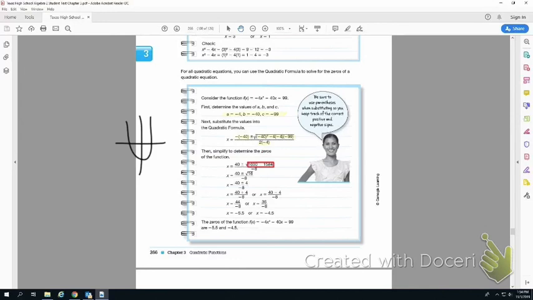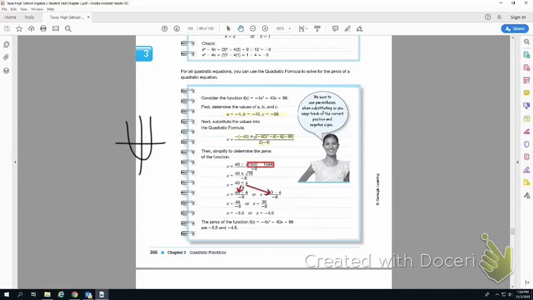The part of the quadratic formula that gives you the 2 answers is this plus or minus. Once you get to that part, you break it up, 1 with the plus, 1 with the minus, and then from there, you solve it down. And this one comes out to negative 5.5 and negative 4.5.